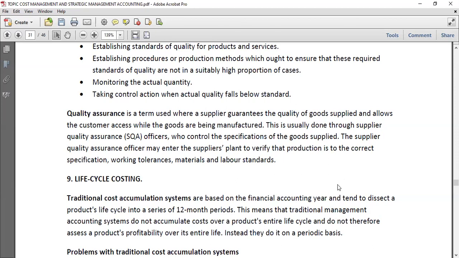These costs could be, at the point when we are introducing the product, a lot of marketing and a lot of research and development. When it comes to growth, we are going to do a lot of branding, marketing and creating awareness about the product. When it comes to maturity, we have to increase our distribution costs and so on.